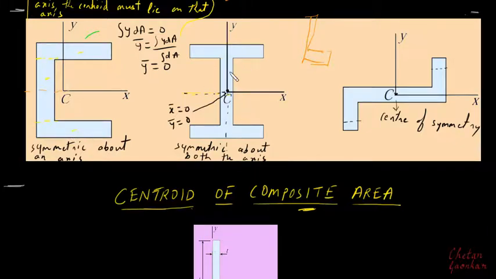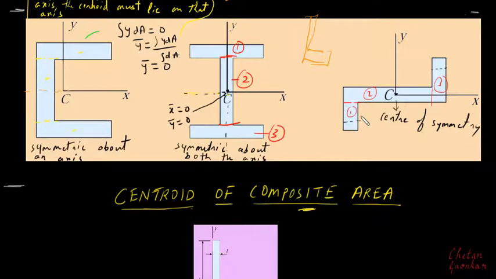Even this is a composite area, and this I can divide as first area, second area, and third area. Again I have this as a composite area. I can divide this as the first area, the second area, the third area, and so on, in any fashion wherein I can directly know the properties of these areas.